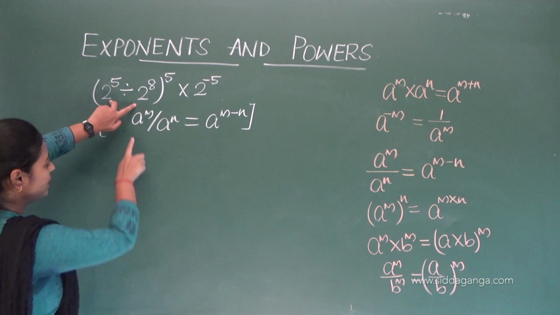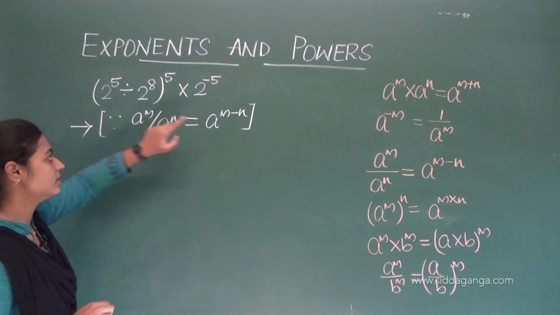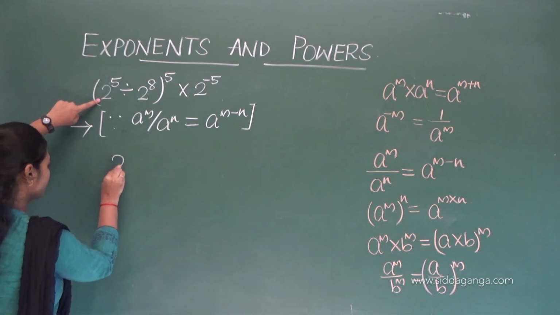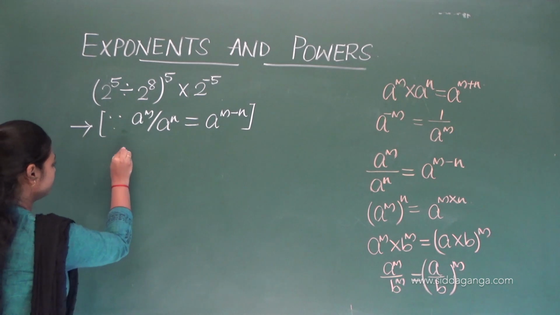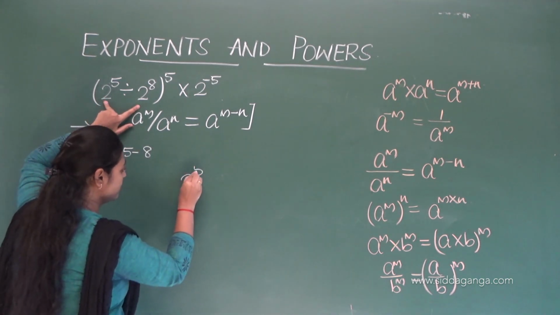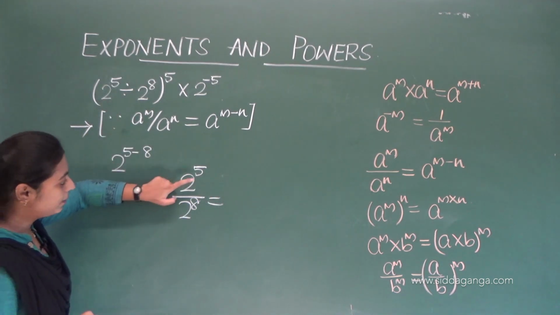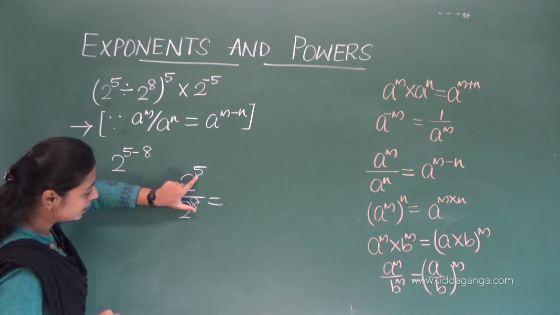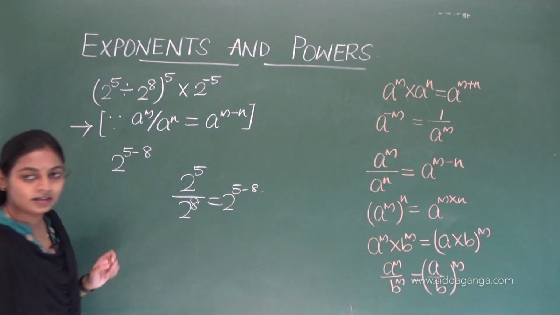So first we apply a raised to m by a raised to n is equal to a raised to m minus n, that is 2 to the power of 5 minus 8.